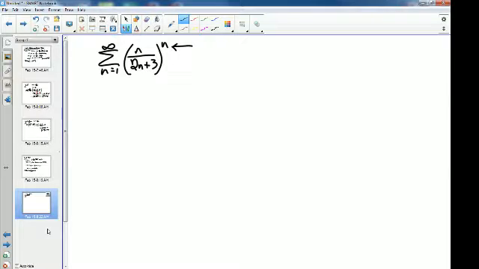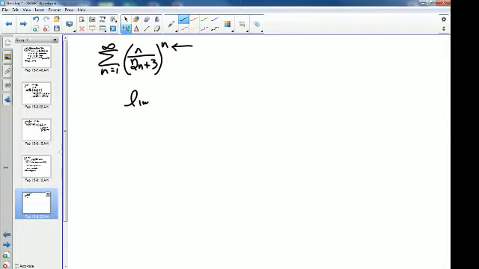So this would be an awful one to use a ratio test on because you'd have n plus 1, n plus 1, n plus 1. Not very easy to cancel out. So I would tend to the root test because we're doing the nth root of an nth exponential. It's going to really just fall right apart.